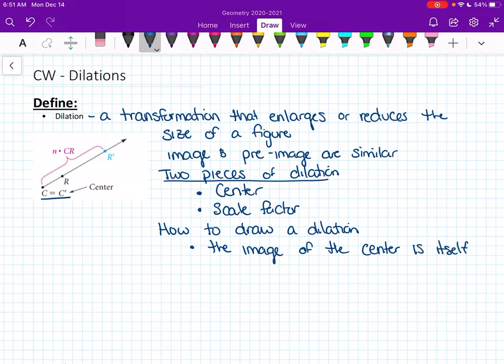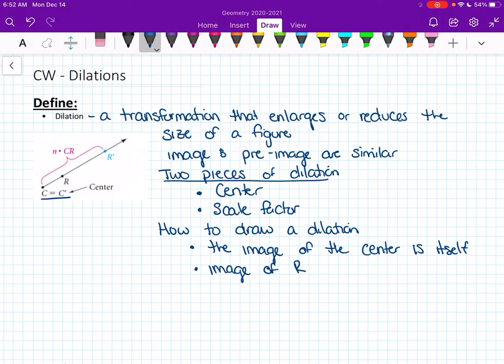Okay, if I have another point, let's say R, and I want to find the image of R, it is going to be on the ray between the center and my pre-image.